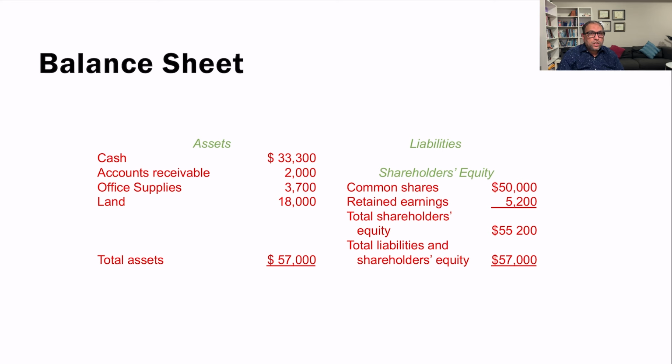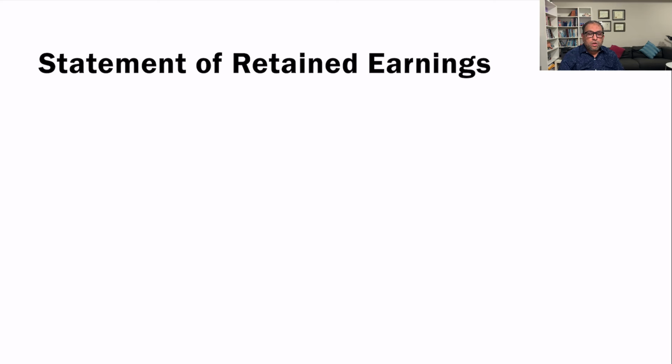So we just understood the different accounts of assets, liabilities, and shareholders' equity, and also the impact of every transaction on them, because it's a double entry system, and in a double entry system we have to record both the debit and the credit. So please continue watching. In the second part we're going to discuss the recording of transactions.